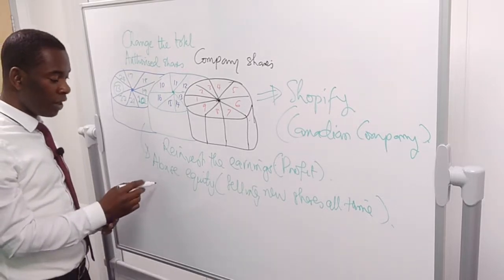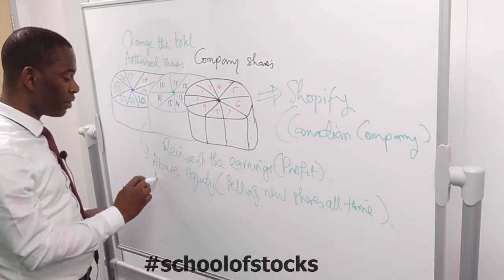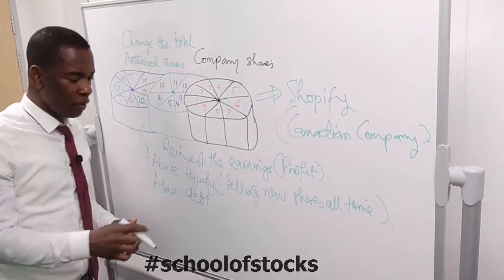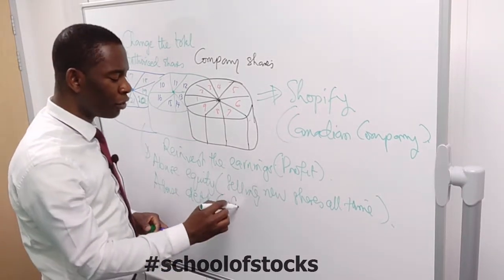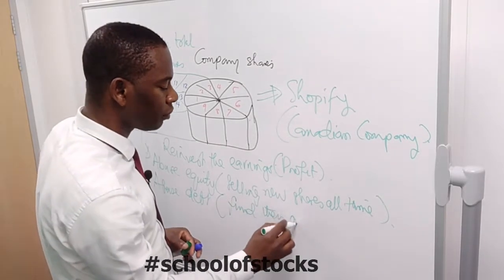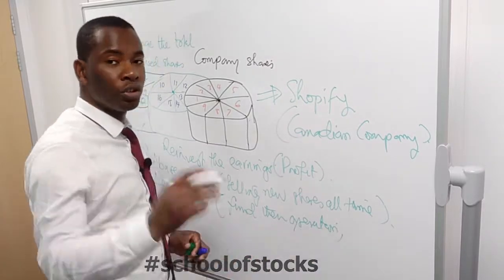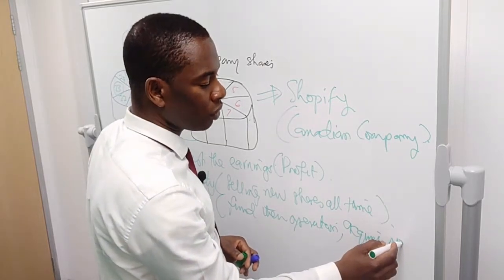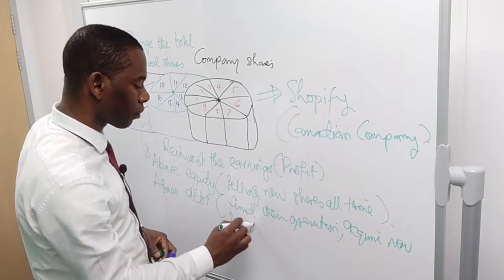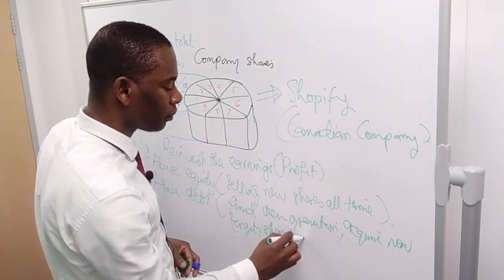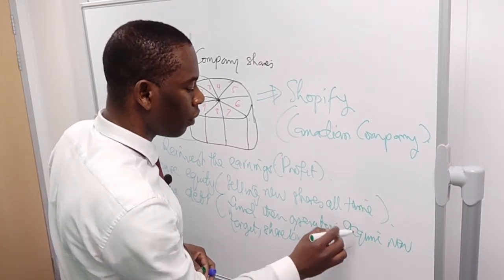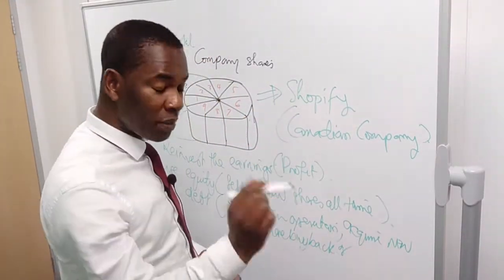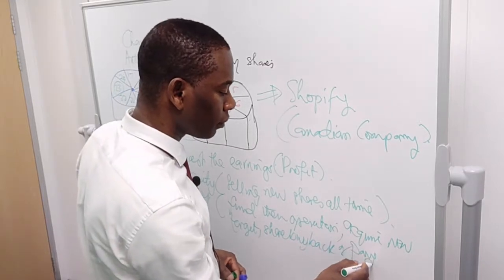Then another thing you need to be aware of is those that abuse debt, either to fund their operations, or to acquire new targets, share buyback, or especially to pay dividends.